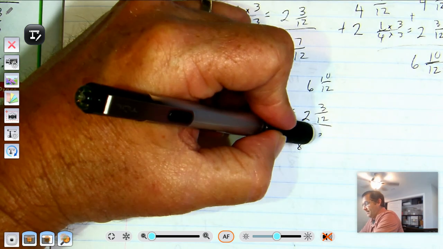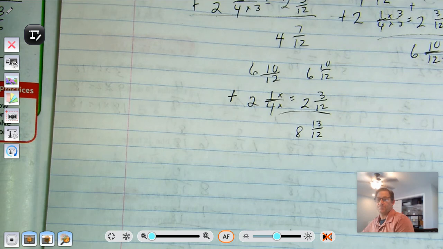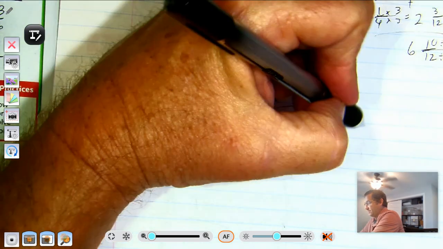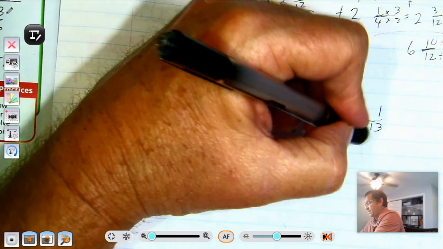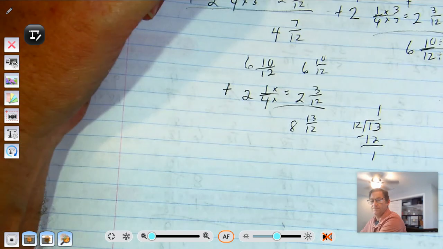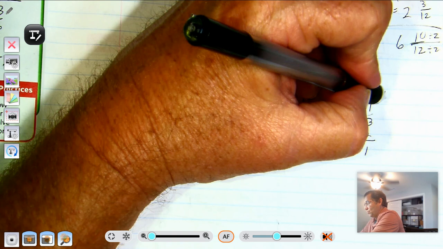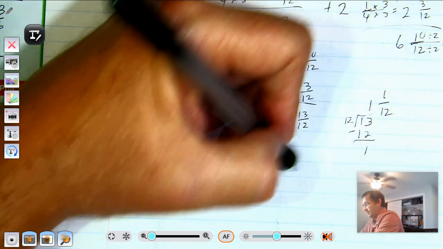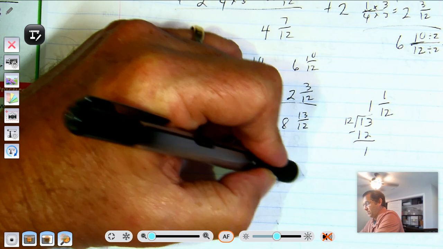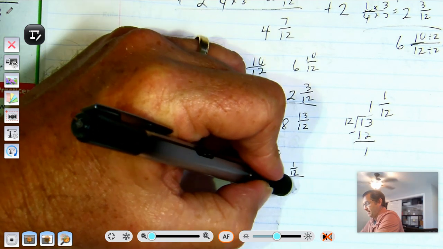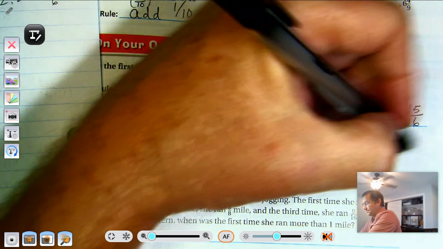So we have 8 13/12. We can't leave 13/12 like that, so let's divide. Subtract, we get 1. So our mixed number is 1 1/12. 8 plus 1 1/12 is 9 1/12.